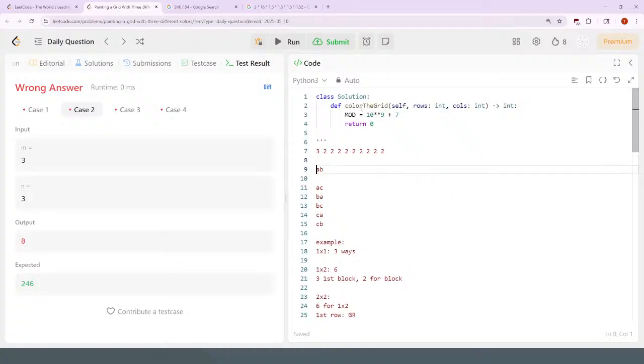If I were to now go to the 2 by 2, which is 18 ways, it's AB, BA, AB, AB, BC, AB, CA.